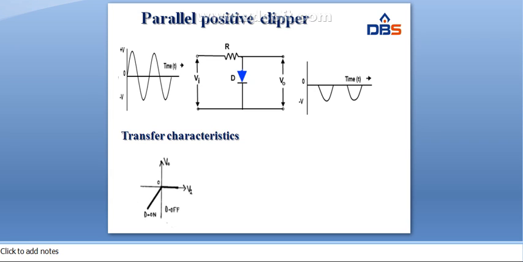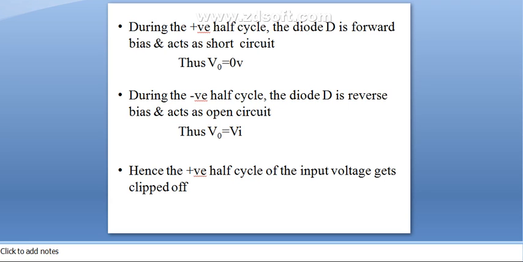The output will be 0 because the diode is connected in parallel with the load. Then V naught equal to 0 volts.